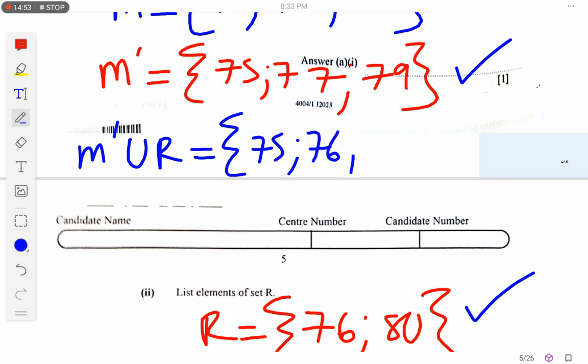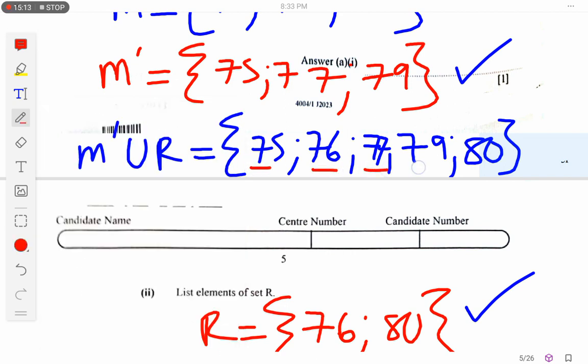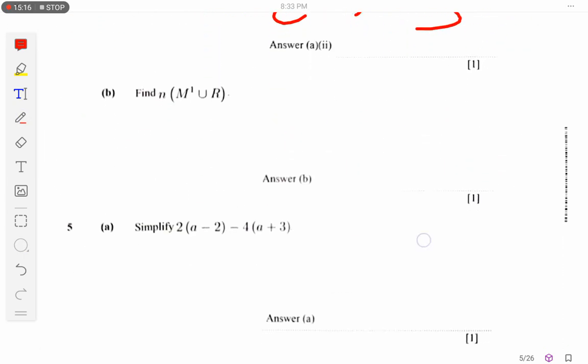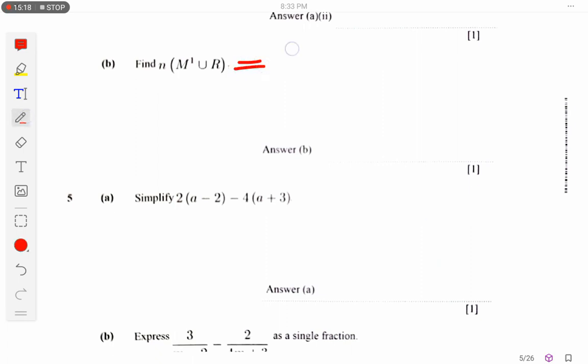Okay, I have 77. I also have 79. I don't have 78. Then I have 80. So this is the union there. Now to write n of M complement union R, we can count these numbers here. 1, 2, 3, 4, 5. So there are 5 there. So we can say this is equal to 5.